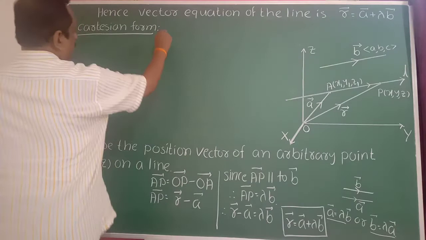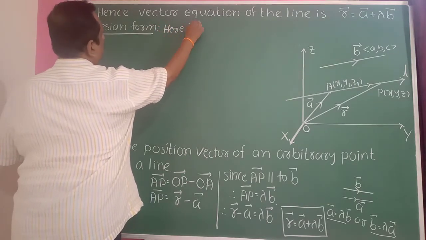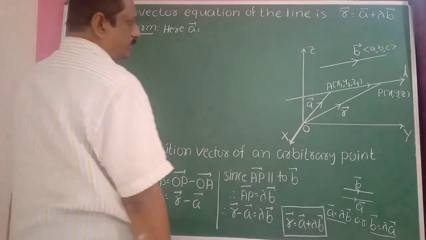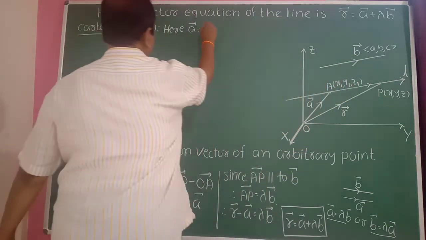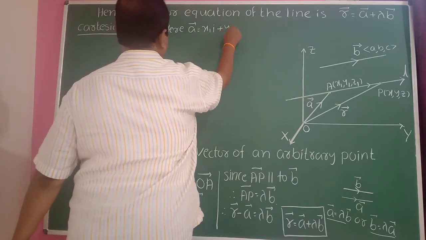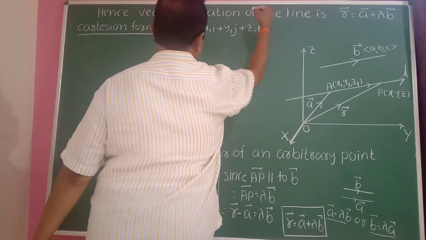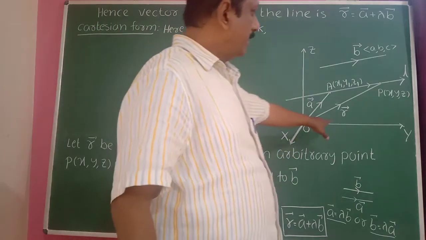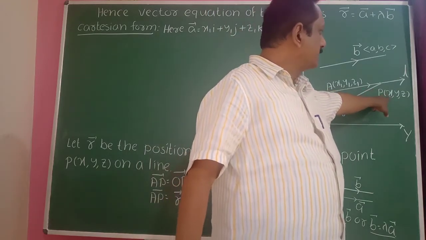In this case, a bar is the position vector of the point, so a bar is equal to x1 i plus y1 j plus z1 k. Let r bar be the position vector of the point whose coordinates are x, y, z.